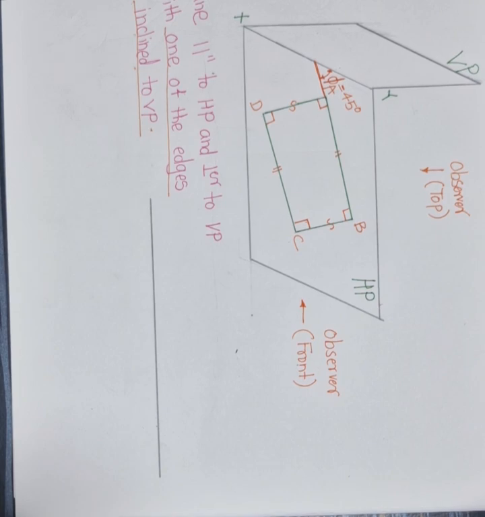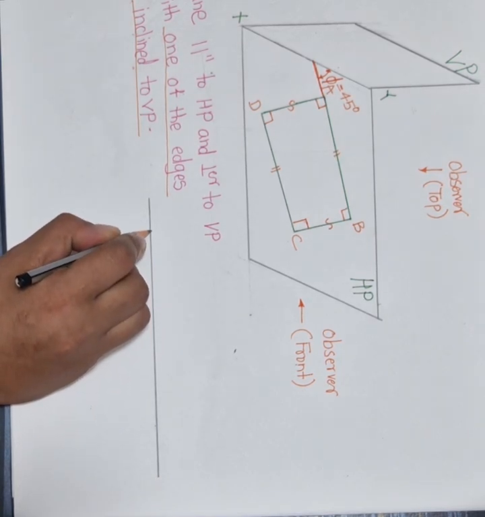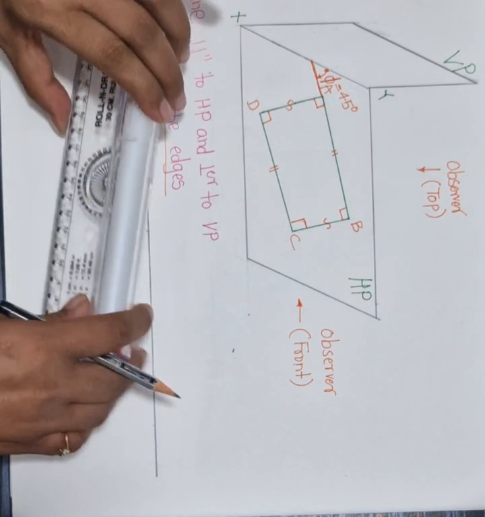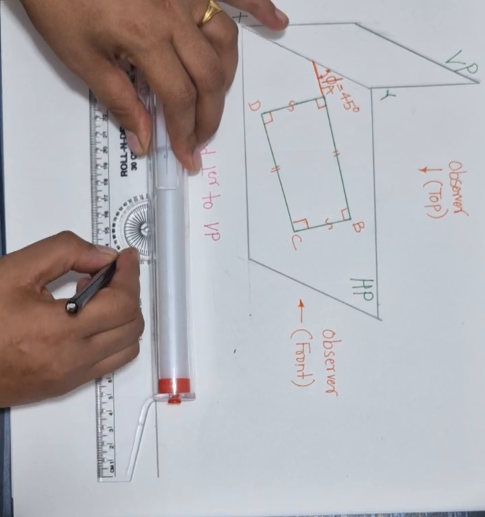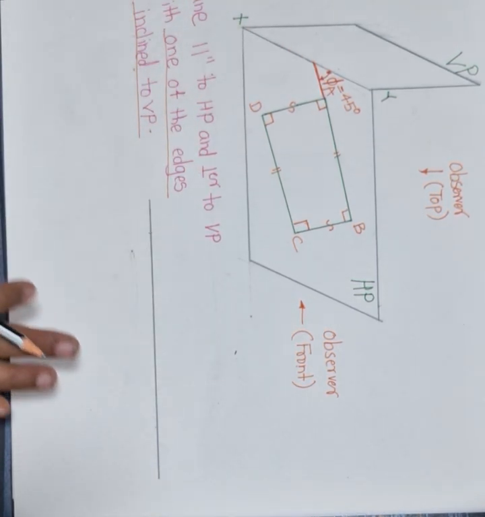Now first AB is making an angle of 45 degree. So here we will consider one point, here we will place 45 degrees.